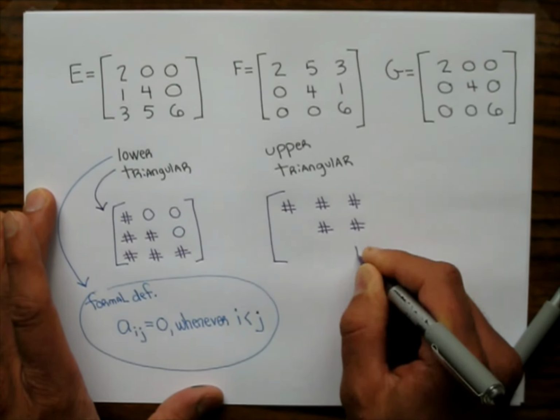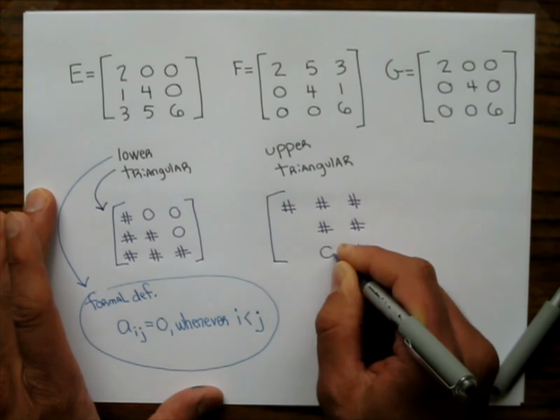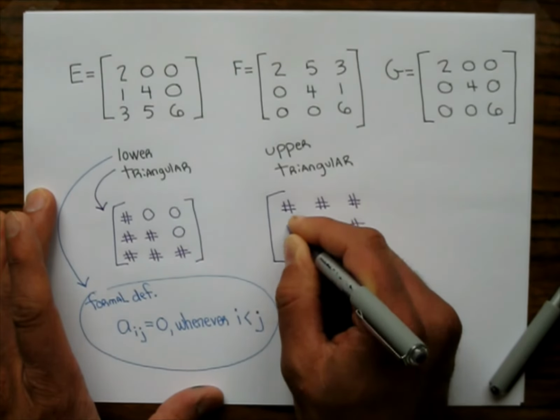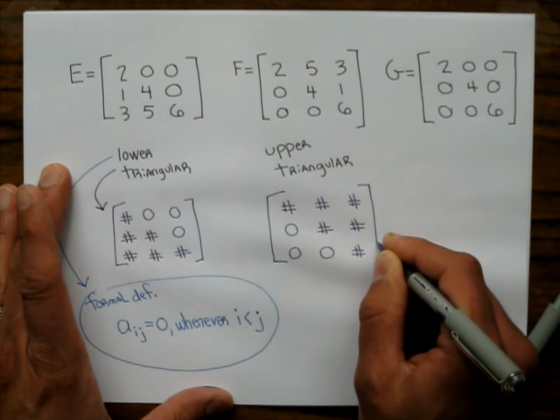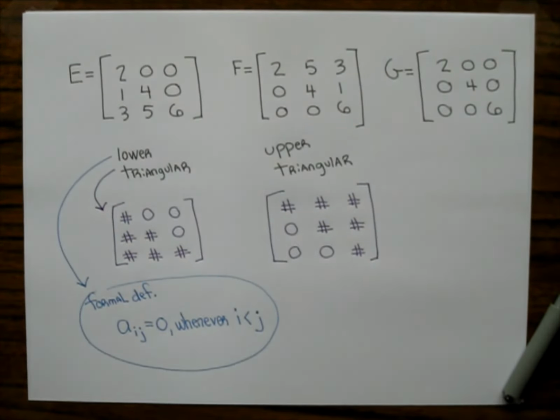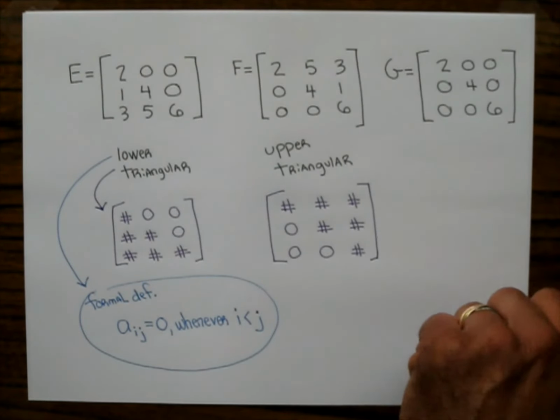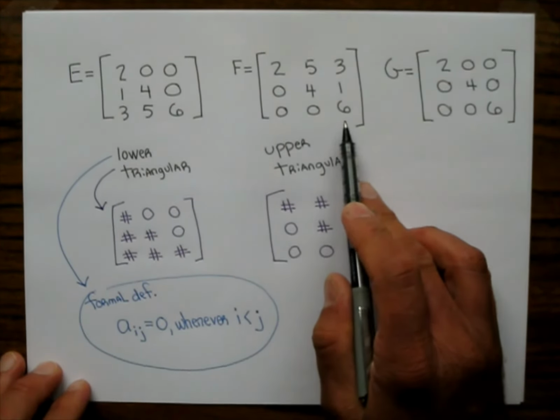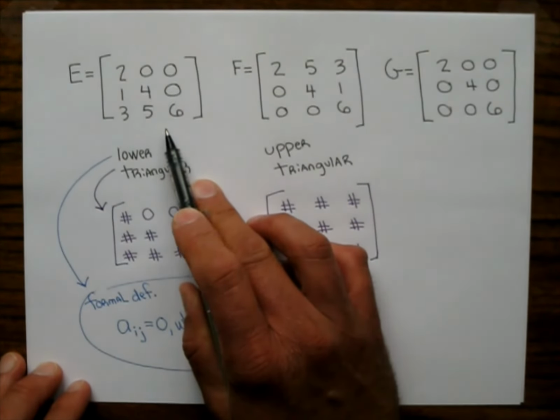These triangular definitions hold for any square matrix, so we could be 5 by 5 and talking about this as well. That's an upper triangular matrix. I'm not going to do the formal definition with that. Some of you could probably already guess what that is. This upper triangular matrix here is not a lower triangular matrix.